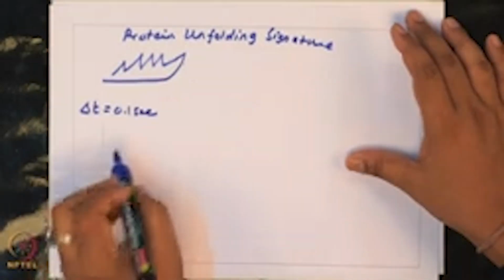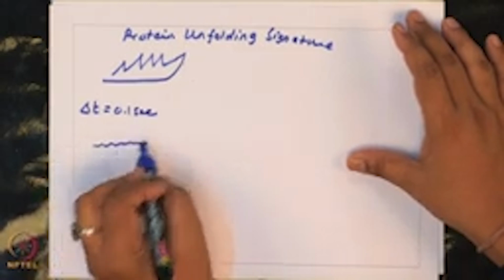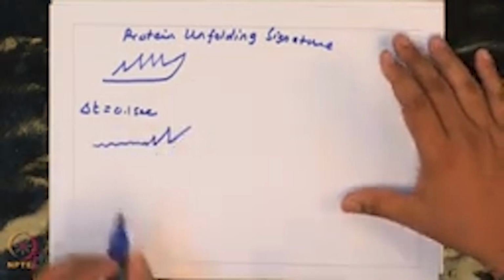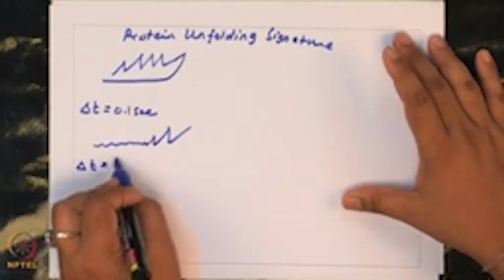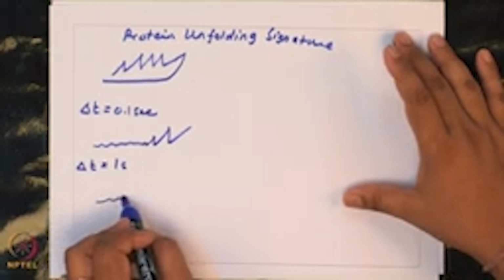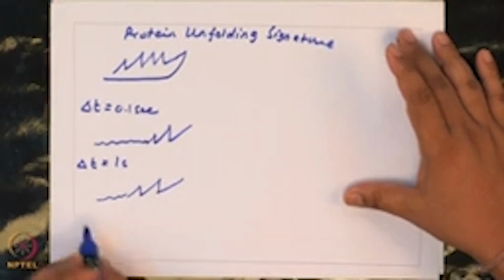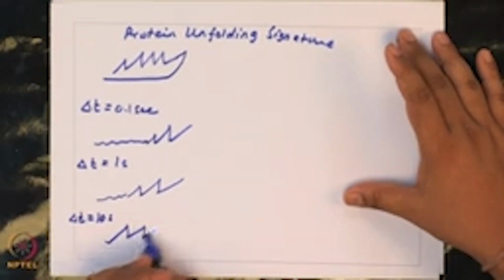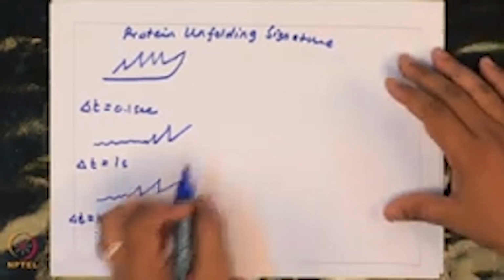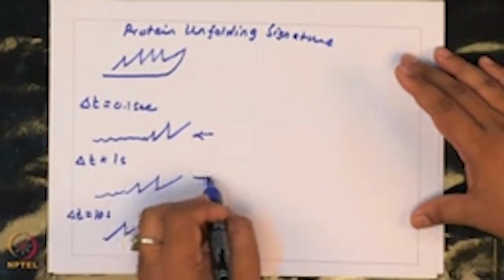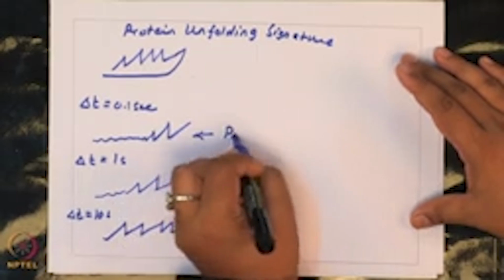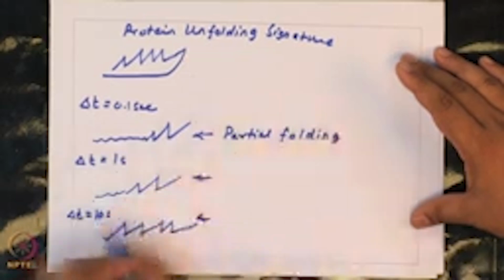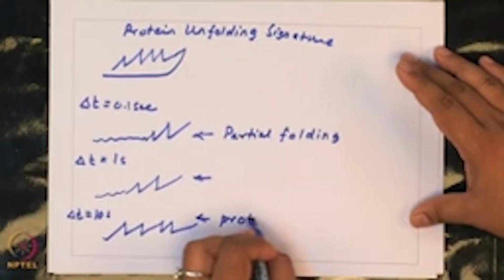If you pull again after that, you will see a signature like this. If you pull the protein after 1 second, your signature might be this, and 10 seconds later you might have this. Here you see that this is indicative of partial folding, and here the protein is completely folded.